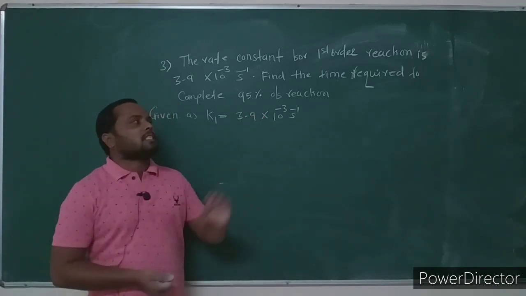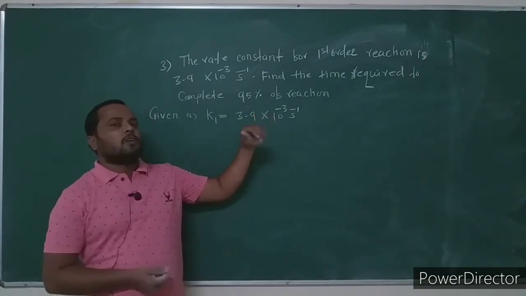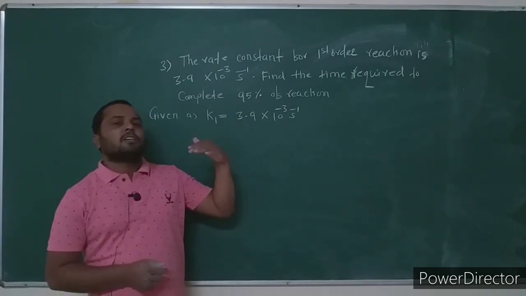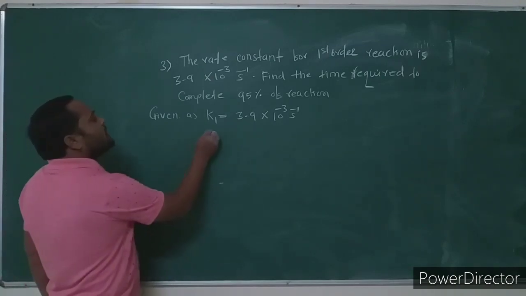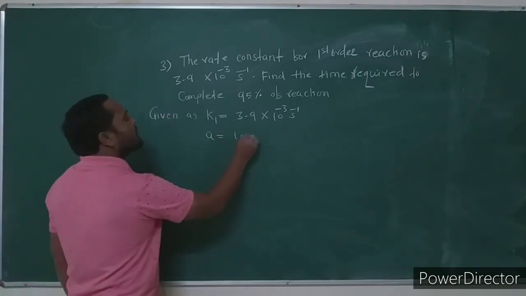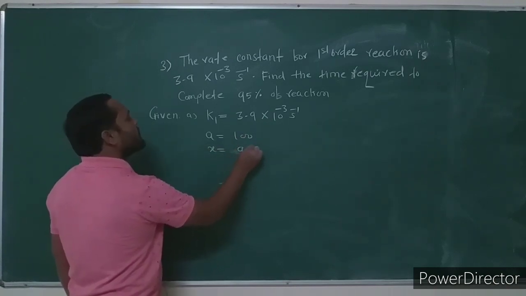To determine the time required for completion of 95% reaction, the rate constant is given directly. Initial concentration is given, 100. Reactant concentration is 95.